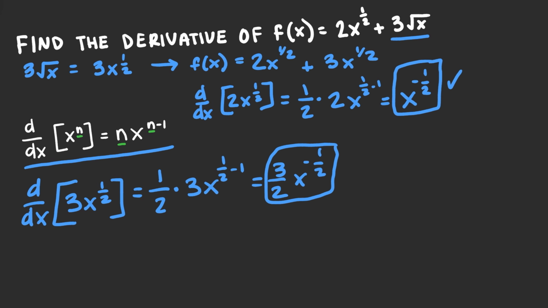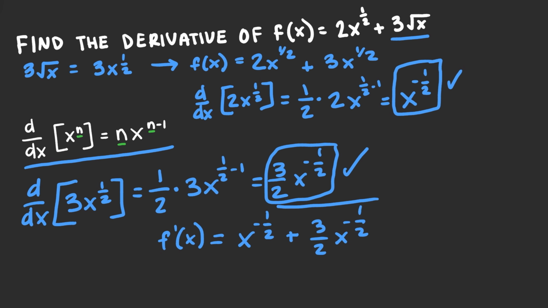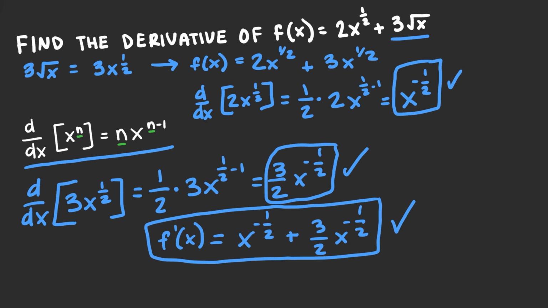So the derivative of 3x to the power of 1/2 is 3 over 2 x to the power of -1/2. So then our final answer would be f prime of x equals x to the power of negative 1/2 plus 3/2 x to the power of negative 1/2. This would be our final answer.